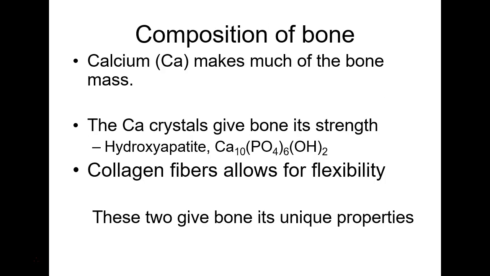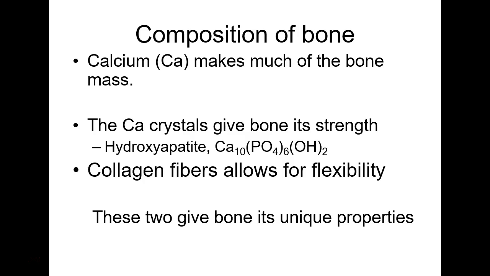So the composition of bone. Calcium makes up much of the bone mass. The calcium crystals give bone its strength. Hydroxyapatite, calcium 10, PO4 6, OH 2. I'm not going to ask you the chemical formula of hydroxyapatite. But if I say, what's the inorganic crystal of bone? Just give me that answer, hydroxyapatite.